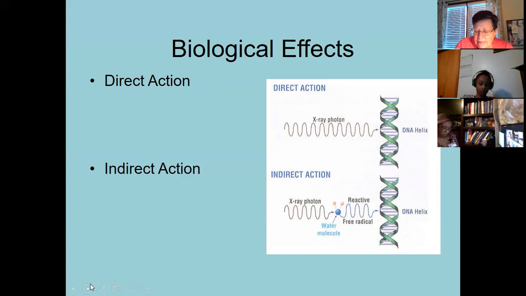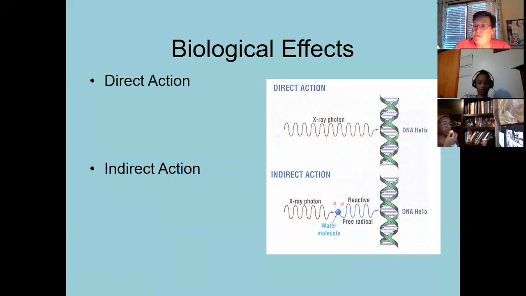When we look at these biologically important molecules, in the illustration here, you see DNA. DNA is like the number one most important macromolecule, but there are others. DNA, RNA, proteins, enzymes, all of these macromolecules are critical for body functioning.